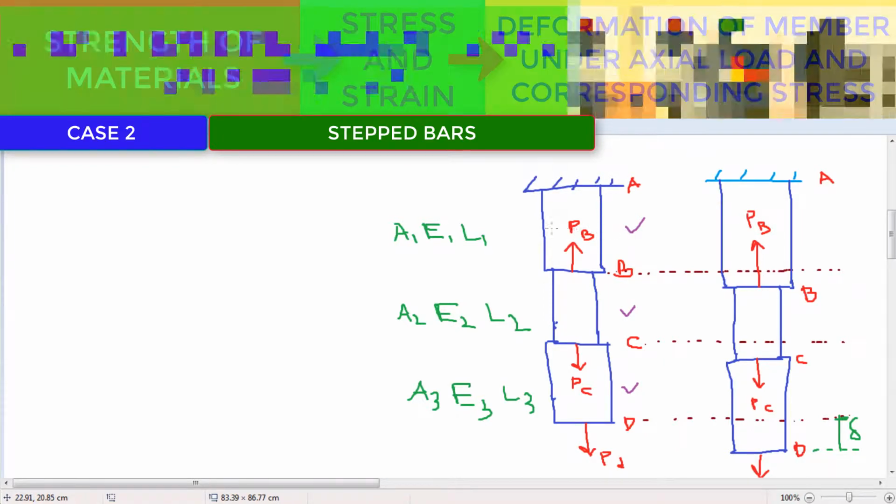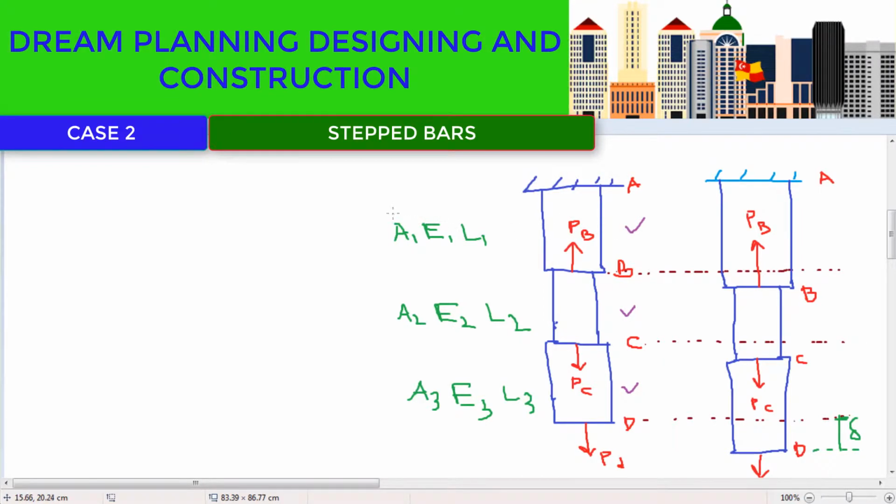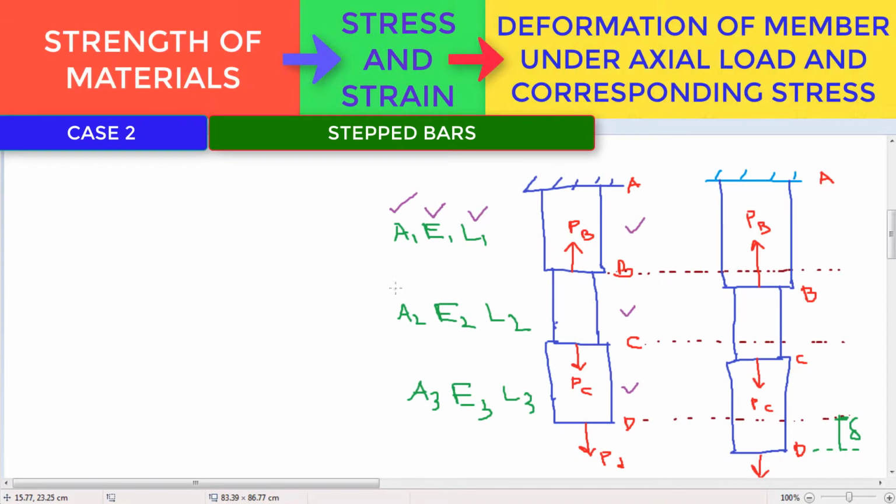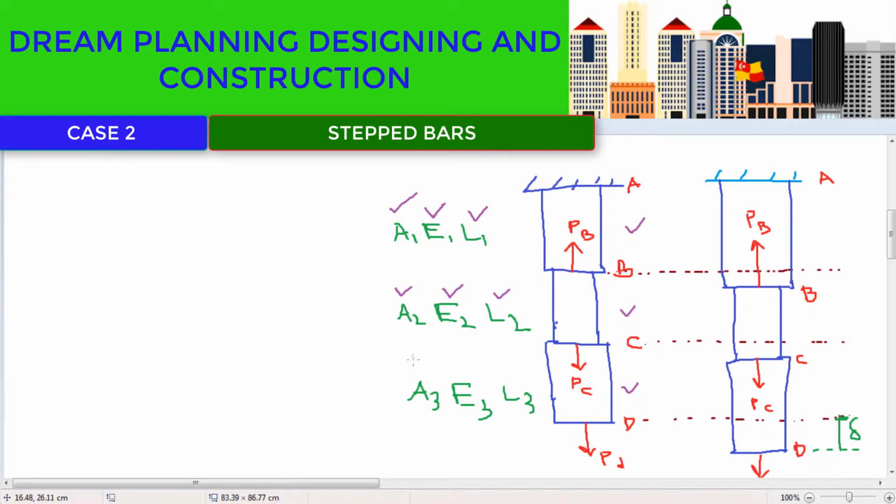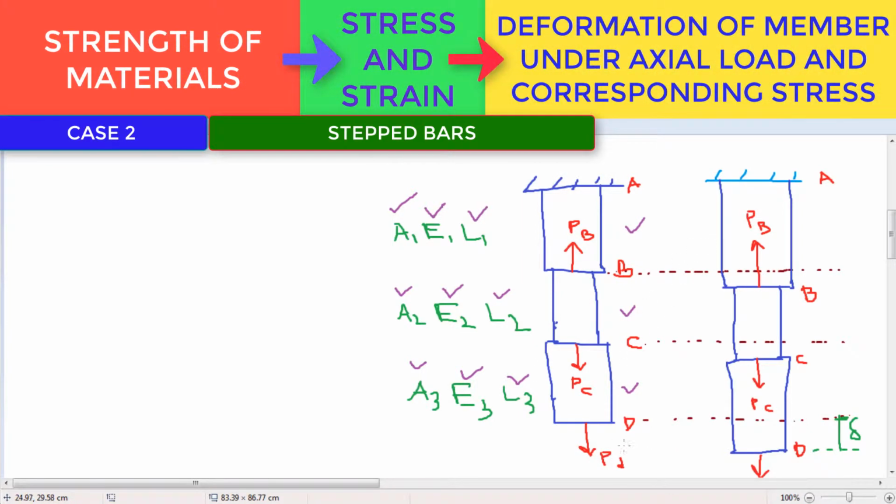For AB there is cross sectional area A1, modulus of elasticity E1 and length L1. For BC, cross sectional area A2, modulus of elasticity E2 and length L2. For member CD, cross sectional area A3, modulus of elasticity E3 and length L3. Here due to this applied load the total deformation is del.